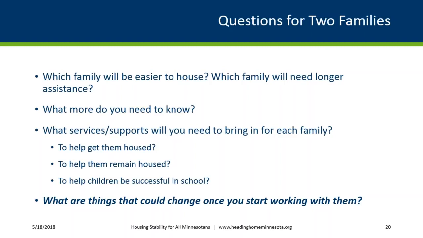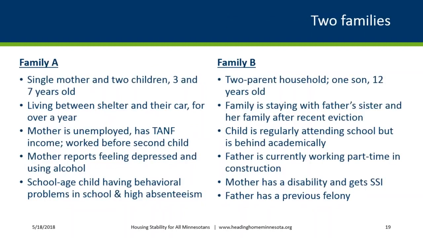Right. So at first glance, it does look like, although there are some barriers for family B, that family B may be easier to work with at first and may get housed more quickly. It looks like there's income. The other side doesn't really have as much income. They haven't been living outside or in their car recently; they're doubled up.